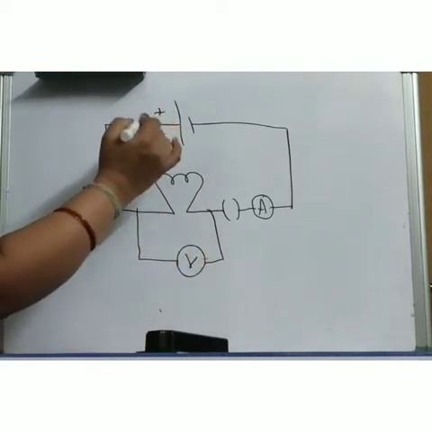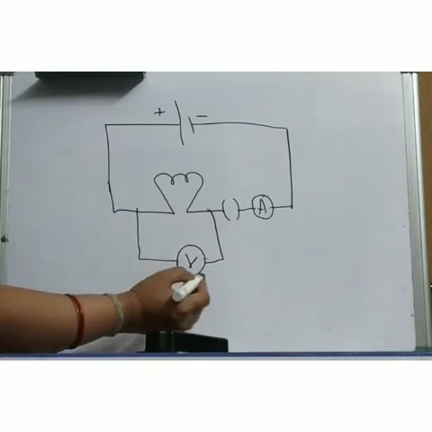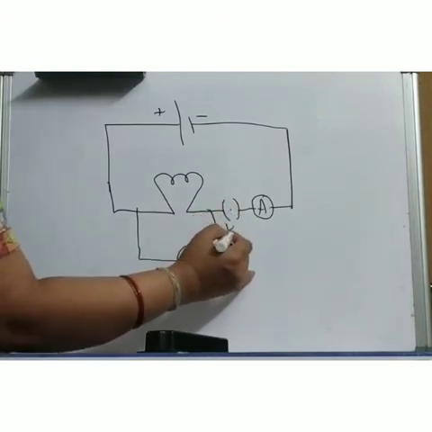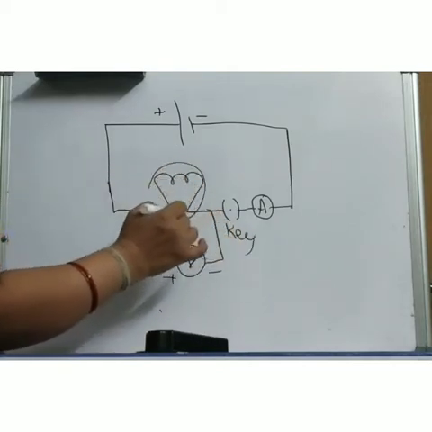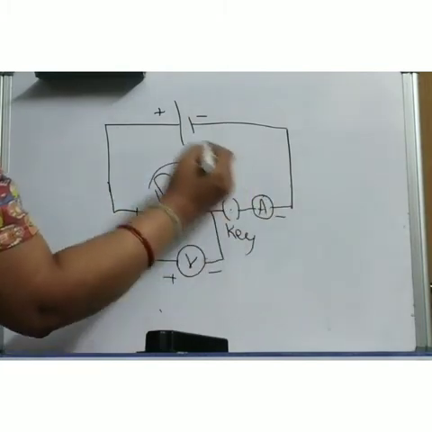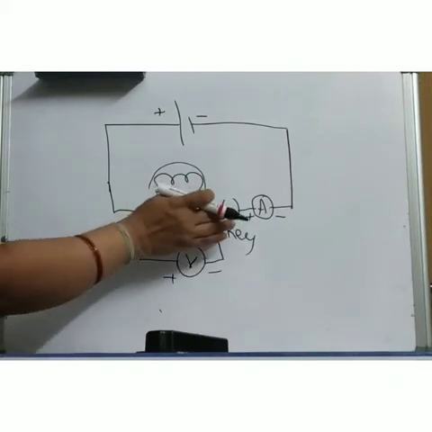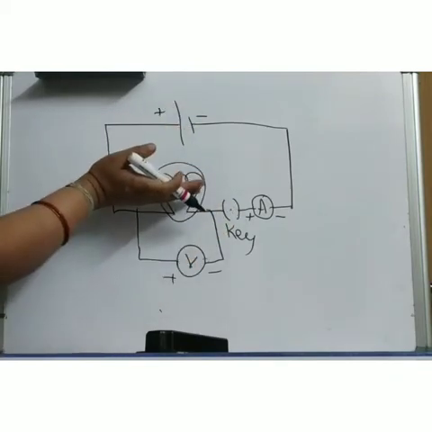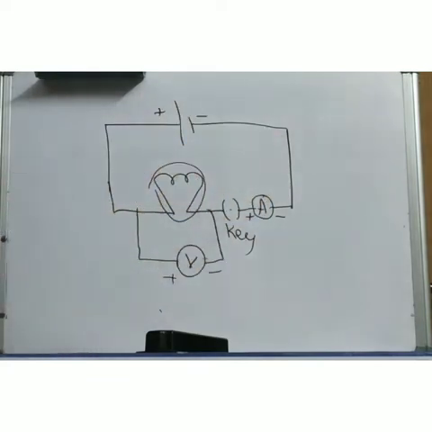This is the positive terminal, this is the negative terminal, this is the positive terminal, this is the negative, this is your key, and this is your load. Here I have connected a bulb, negative to negative and positive to positive. This is your ammeter. So this is your key, this is your battery, this is your load, and this is your voltmeter. The voltmeter is connected in parallel and the ammeter is connected in series.